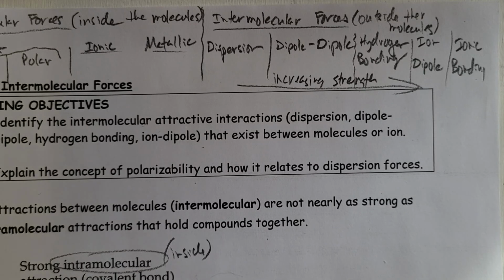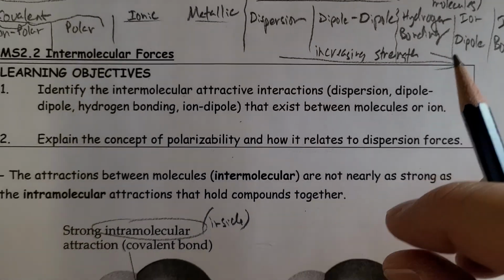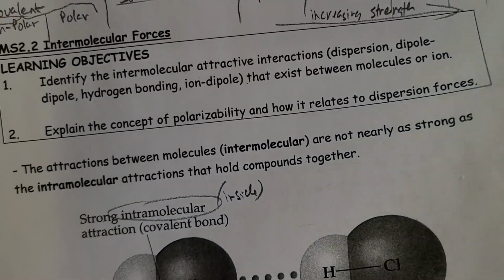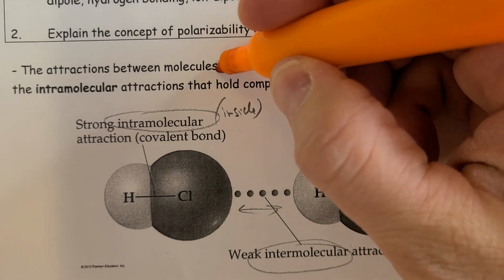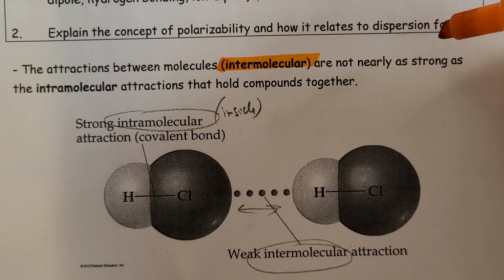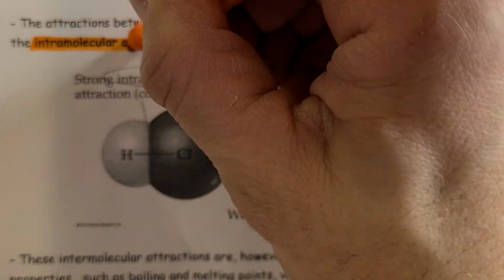Outside forces, outside the molecule that holds one molecule close to another one, right? So back to here. The attraction between molecules, so that's inter, outside, are not nearly as strong as intra.